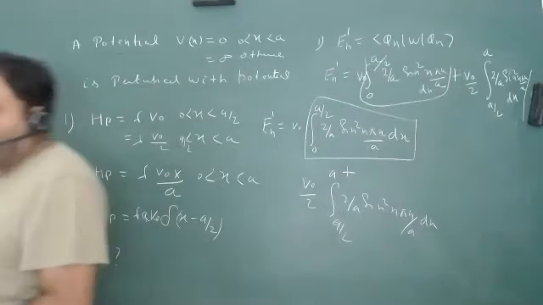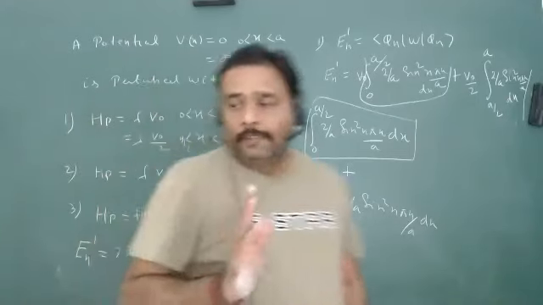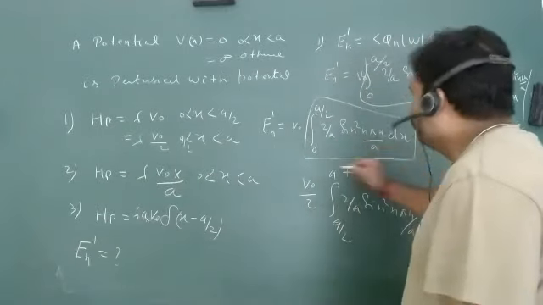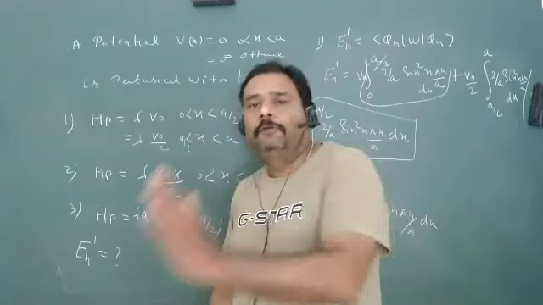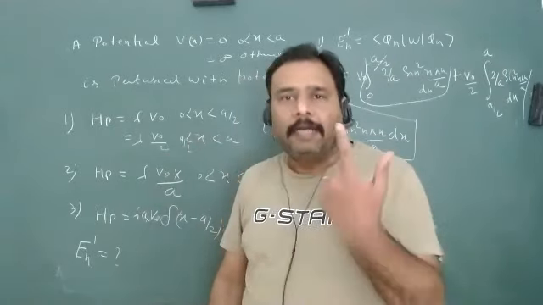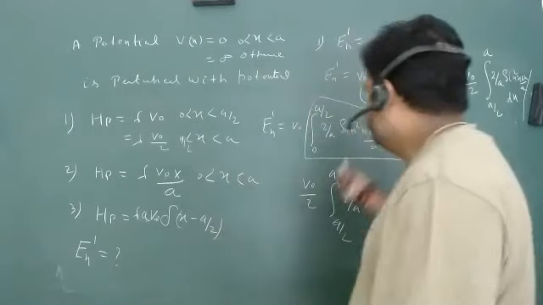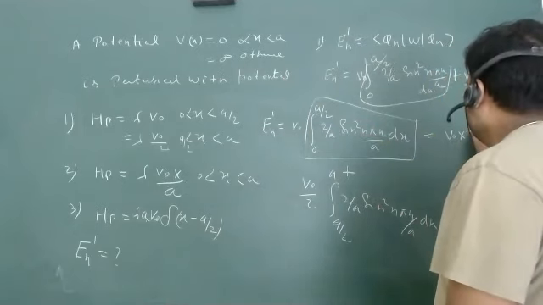A half. This is nothing but the probability to find the particle between 0 to A by 2. What is that? Half. So this value is equal to V naught into 1 by 2.